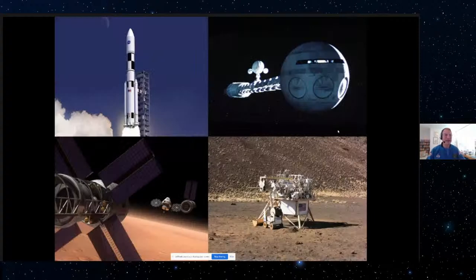Now, if we're clever about it, we think we can cut that down a little bit more. Upper left, that's a picture of our notional Space Launch System rocket future evolution. The bigger the pieces you throw, the less wasted mass there is. So you can trim that ratio down by having a very big rocket that you use. Upper right, pictures from the movie 2001: A Space Odyssey.